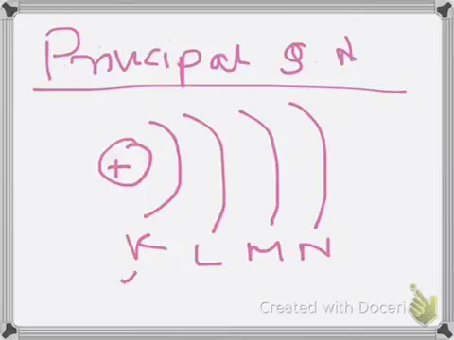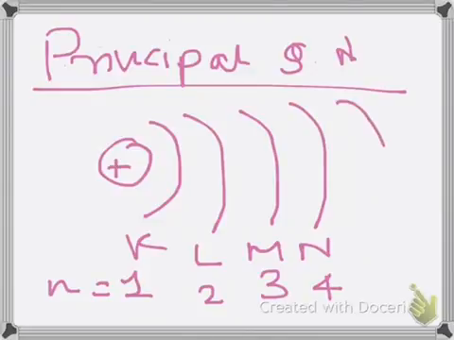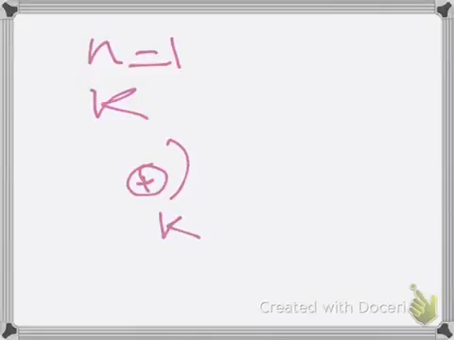So for these, n equals 1, 2, 3, 4, and O will be 5, and so on. The first energy level, n equals 1, which is also the K shell, is the nearest to the nucleus and has the least energy. The energy of the main shell increases as the value of n increases.